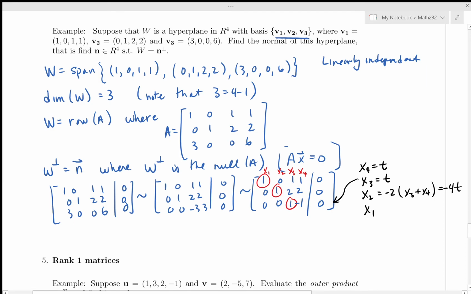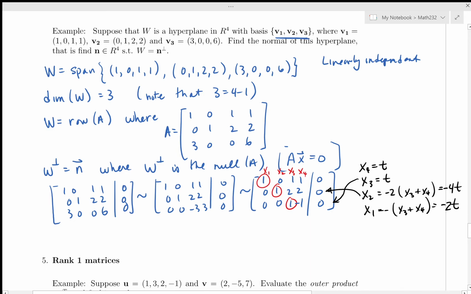And then x1, looking at the first row of the matrix, x1 is minus x3 plus x4, and that is minus 2t.